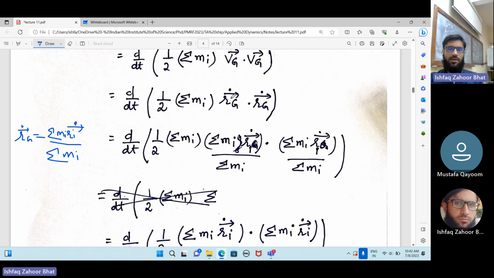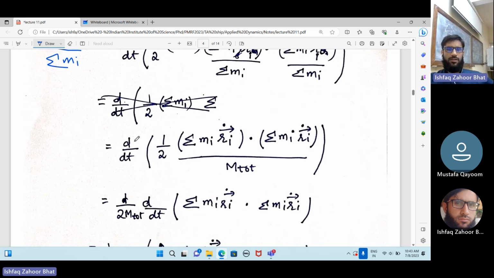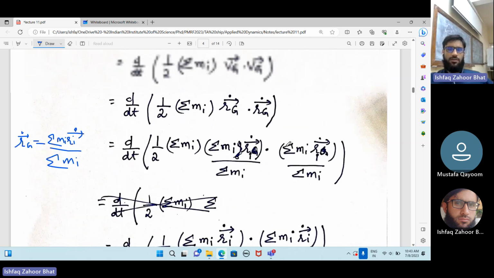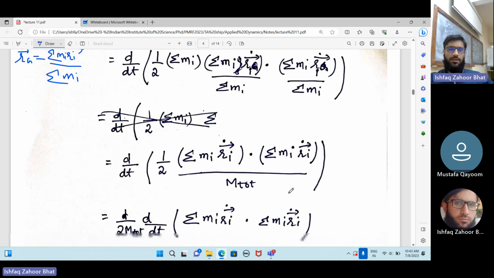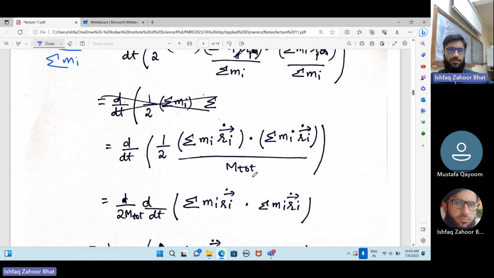So that is what I have replaced this Rg dot by, summation of Mi Ri dot upon summation of Mi. Now you can cancel these two. So we will get d by dt of half summation of mi ri dot, summation of mi ri dot, upon m total, because there will be this summation of mi, which is nothing but the total mass of the system.